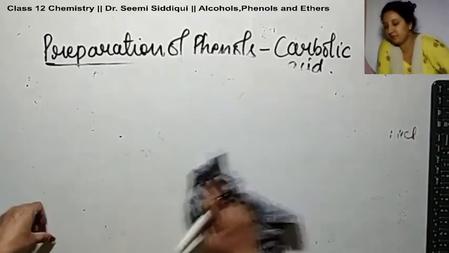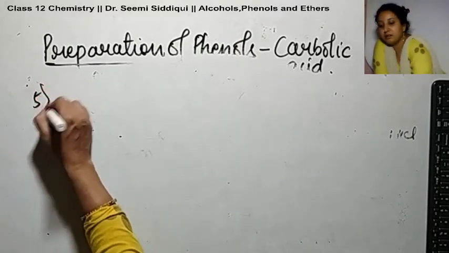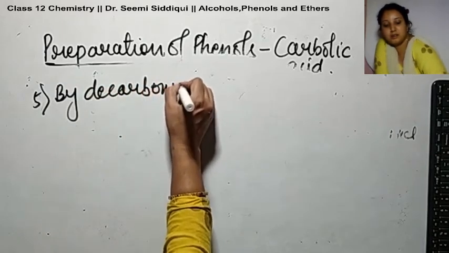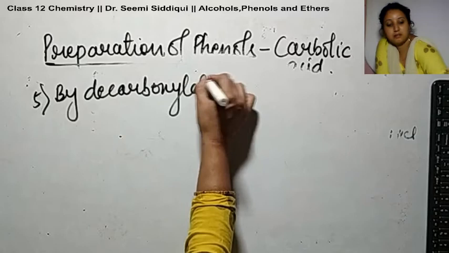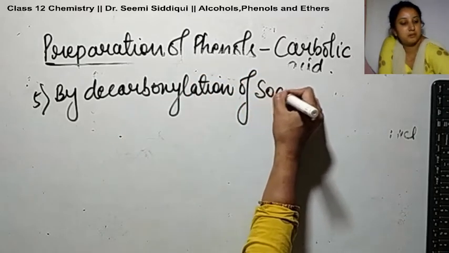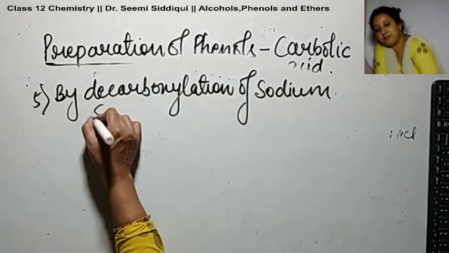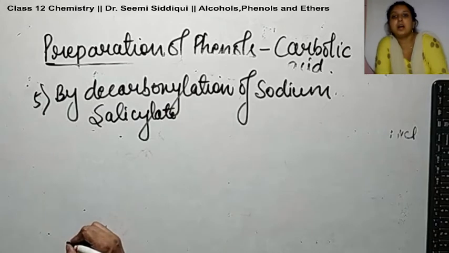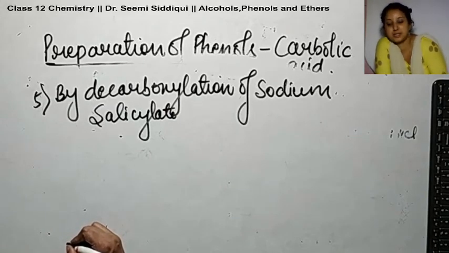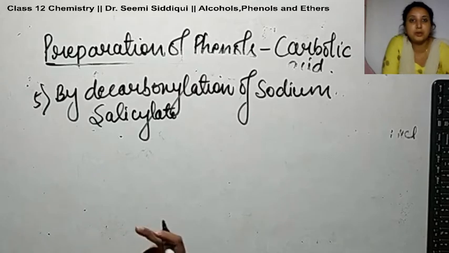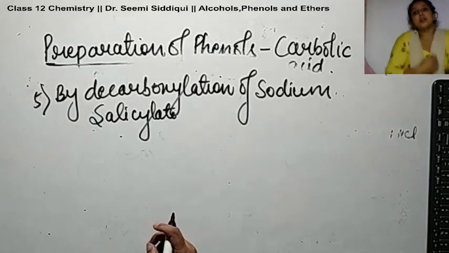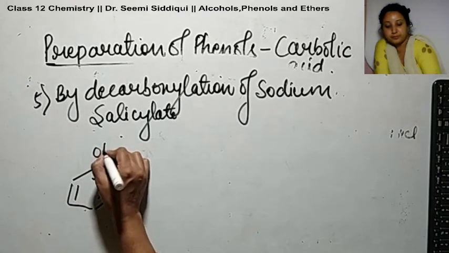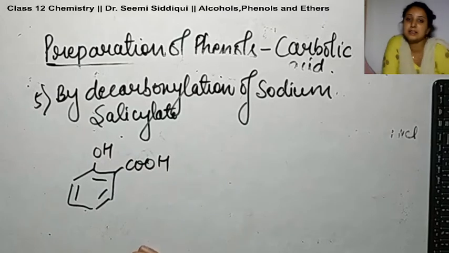The last preparation method is by decarboxylation of sodium salicylate. Basically, sodium salicylate is the sodium salt of salicylic acid. This is the salicylic acid.